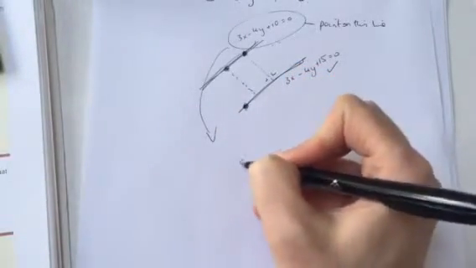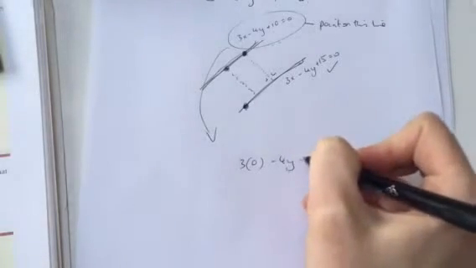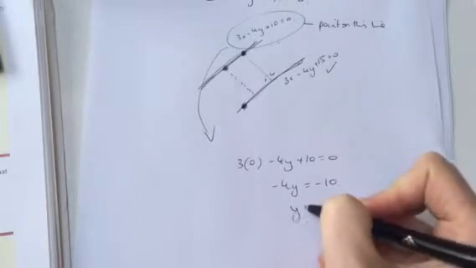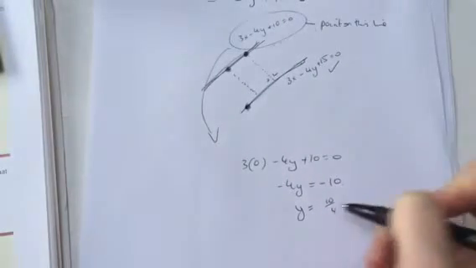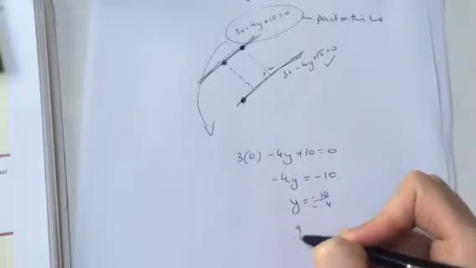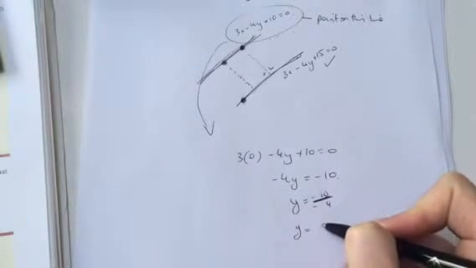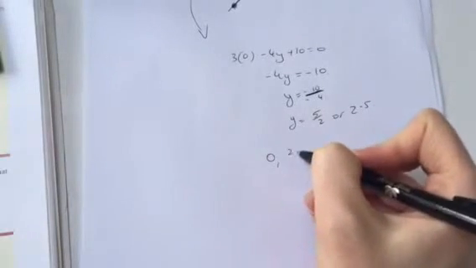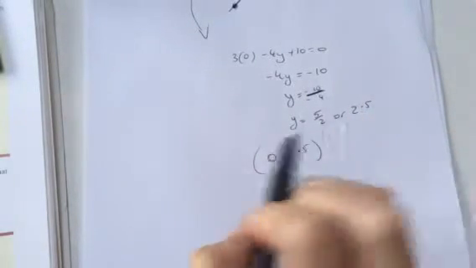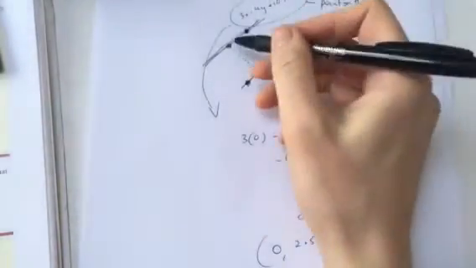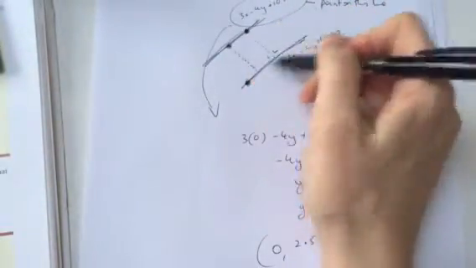So if I let x equal 0, I end up at minus 4y equals minus 10, which means y equals 10 over 4, which simplifies to y equals 5 over 2, or 2.5. So that means that's a point on my line. And I'm going to get the perpendicular distance from that point to this line here.